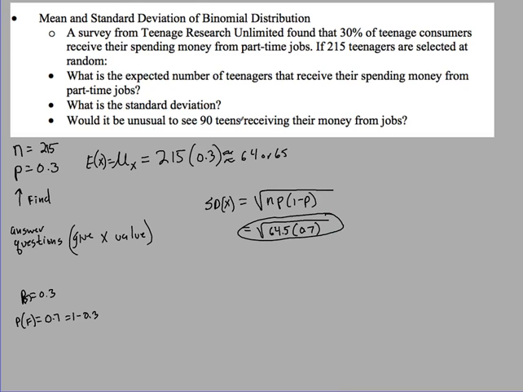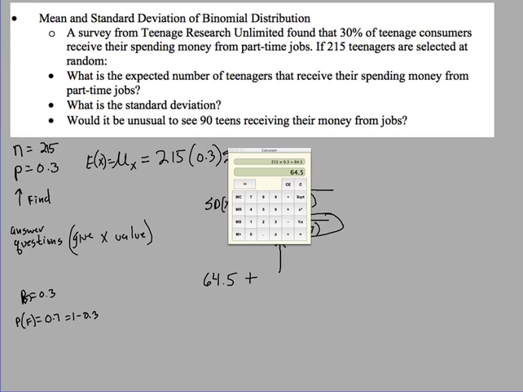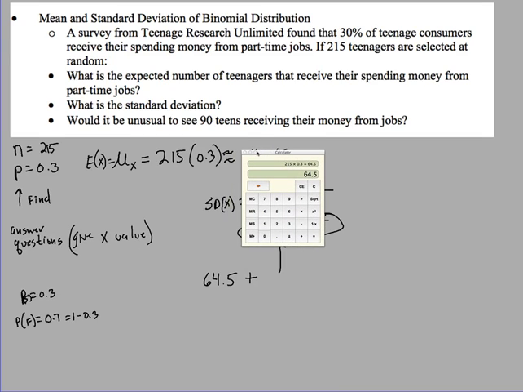Would it be unusual to see 90 teens? This is what you have to do. You take your 64.5 and you add this number. Let's see if I have a root on there.